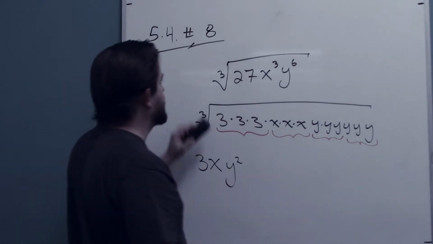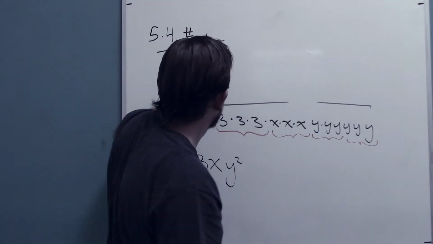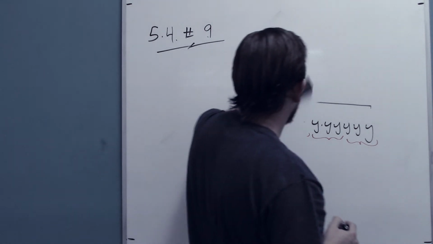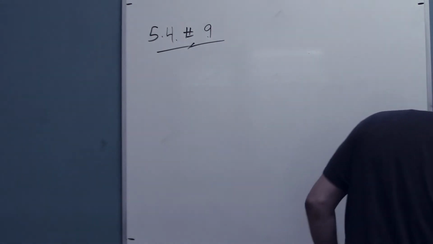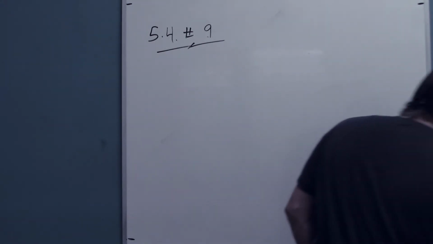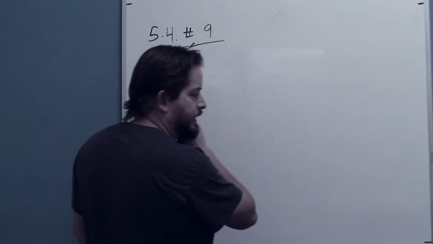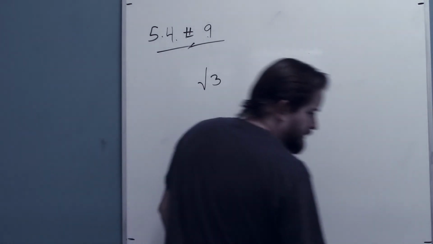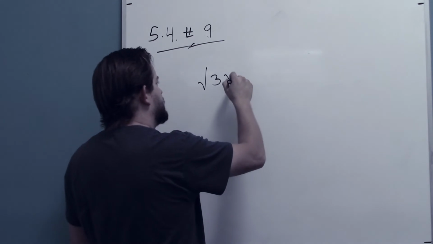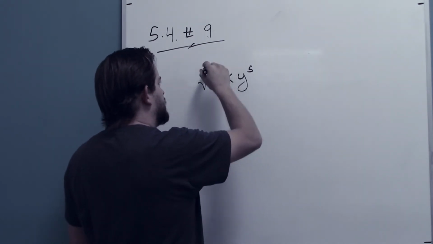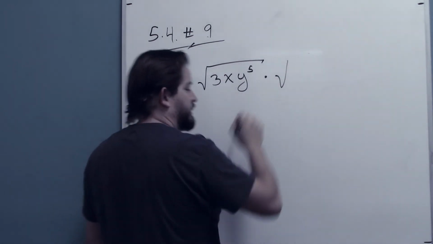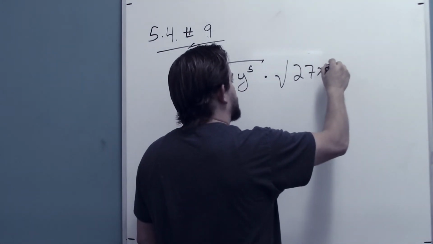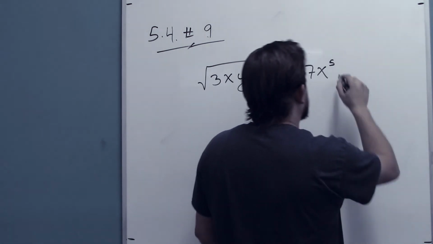Let's look at 9. Again, simplify completely, and we're given a square root of 3xy to the fifth multiplied by the square root of 27x to the fifth y to the third.